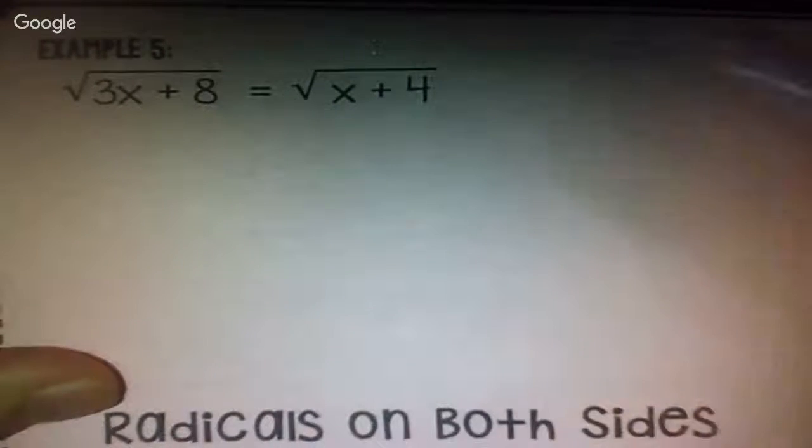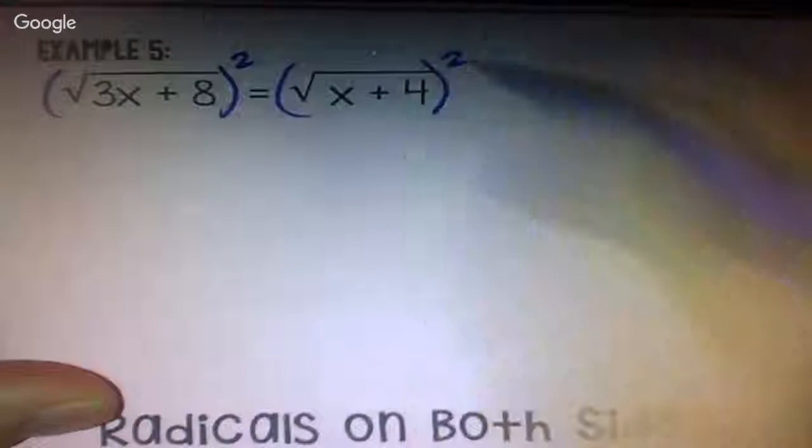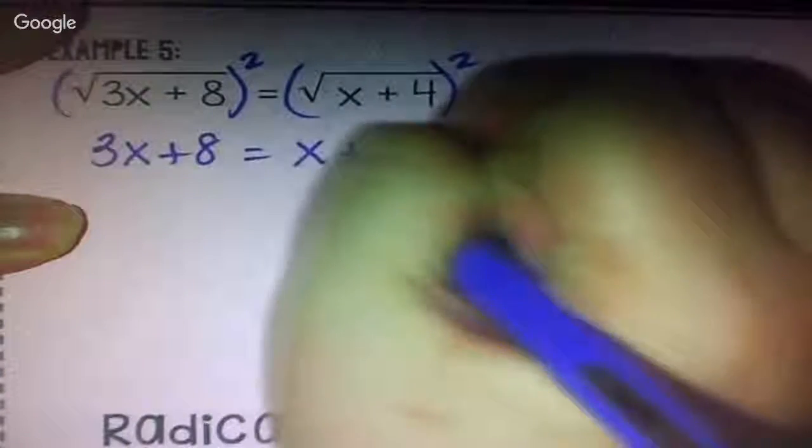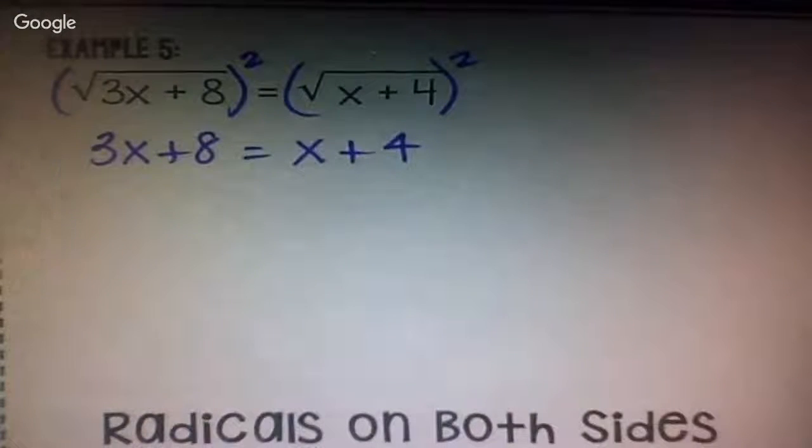So if we scooch on down to example 5, same rule applies. If you have 2 square roots, you want 1 on either side. When I square both sides, I get 3x plus 8 equals x plus 4. Which side are we sending the x's to? Left.